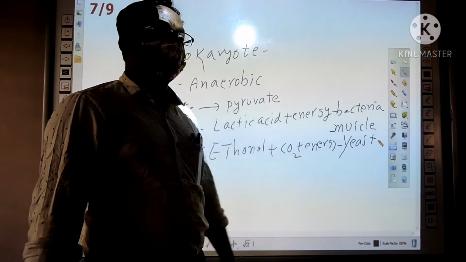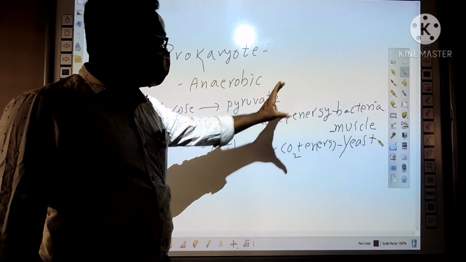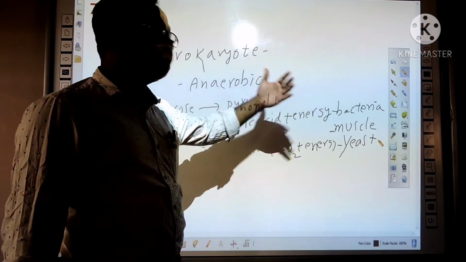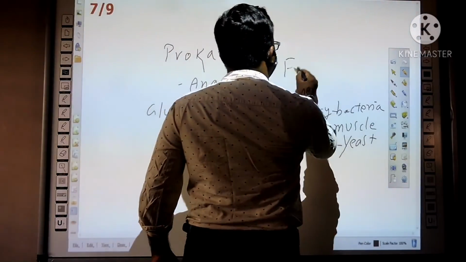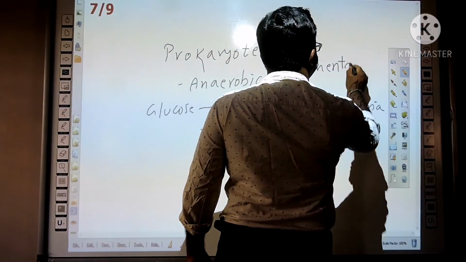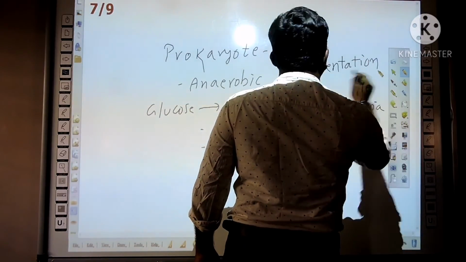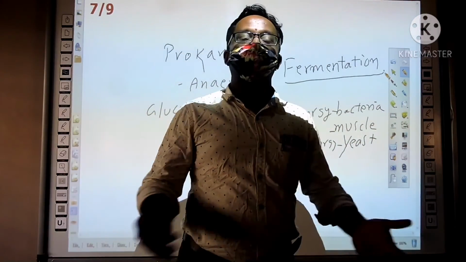And this process of anaerobic respiration in bacteria, yeast, and other prokaryotes is called the fermentation process. Fermentation. At your home you prepare curd. That is also a process of fermentation.